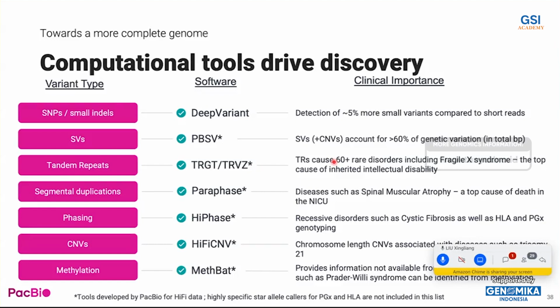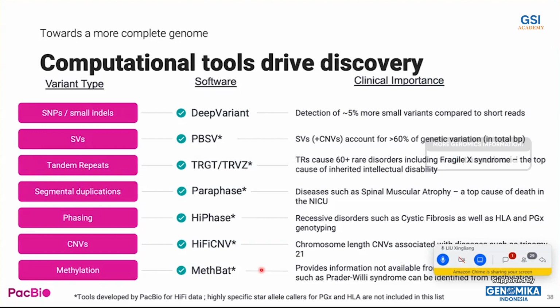Our performance on large-scale structural variations as well as copy number variations is much better compared to other technologies, with more than 60% of genetic variants detected. We are also good at genotyping in tandem repeat regions as well as segmental duplication regions.